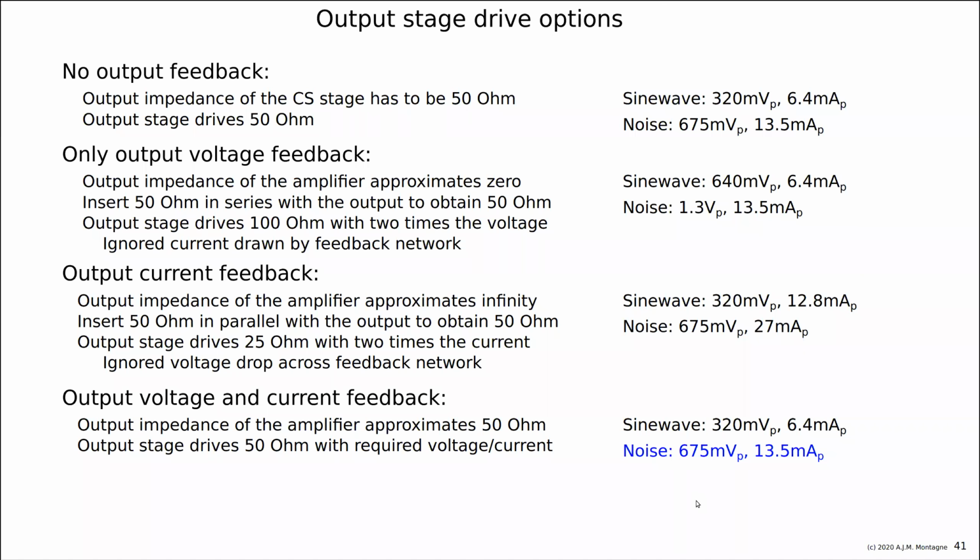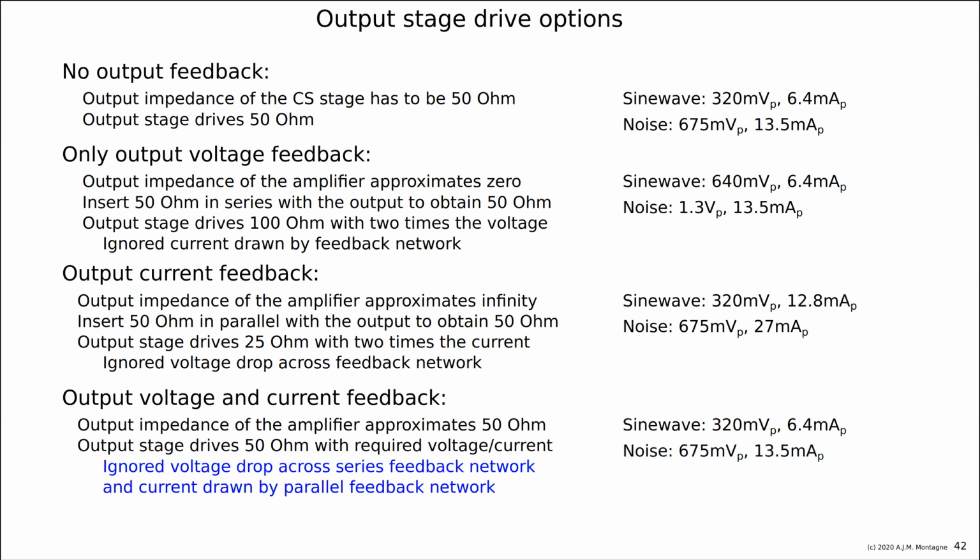Of course, if we are sensing current and sensing voltage, we need feedback elements that sense current and sense voltage. And if those feedback elements or networks are passive, then there will be a voltage drop and a current flow through the network. That is ignored here, because it would lead to an increase of these values of the current and the voltage drive values.